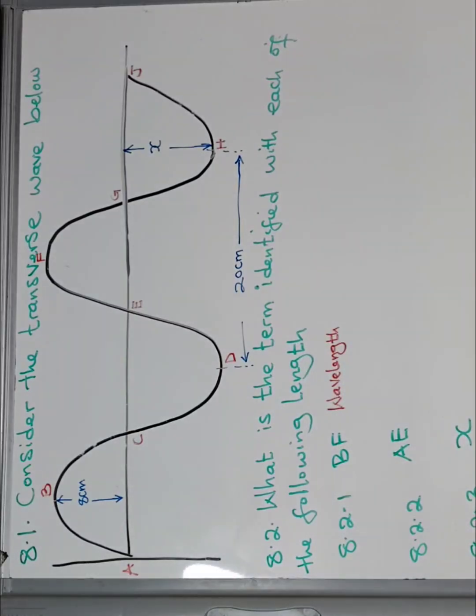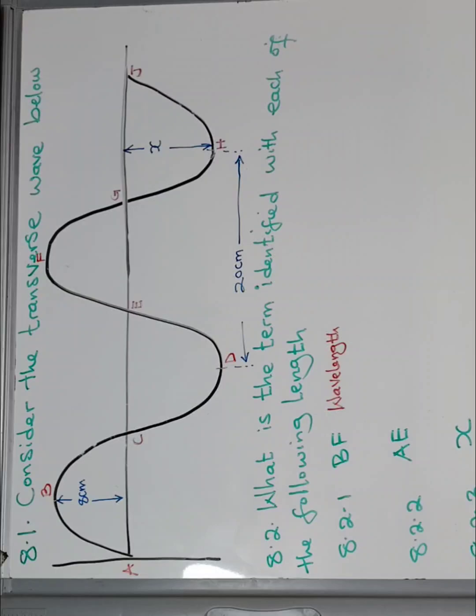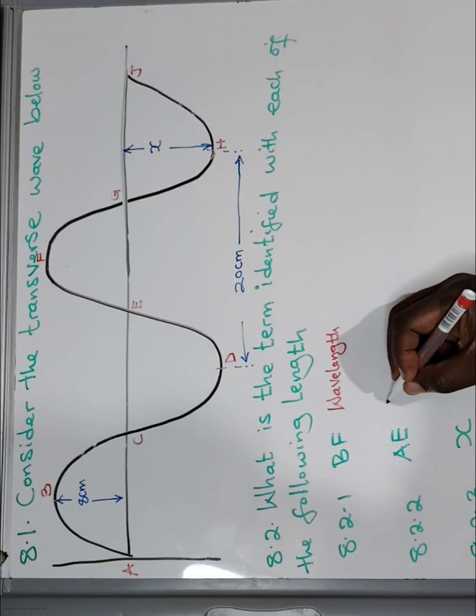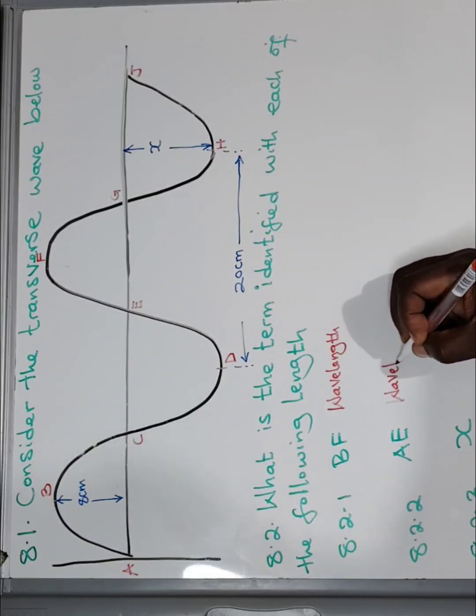Okay. Let's look at AE. A and E are also in phase and next to each other, so they also represent wavelength.